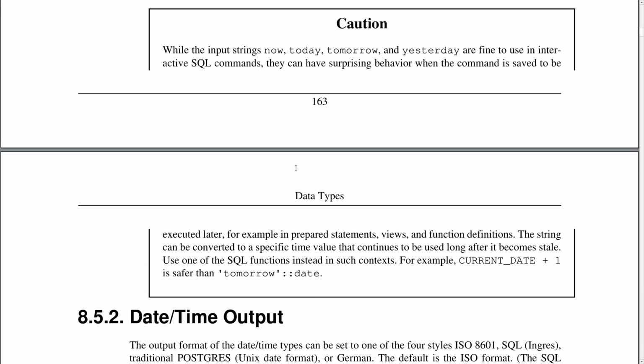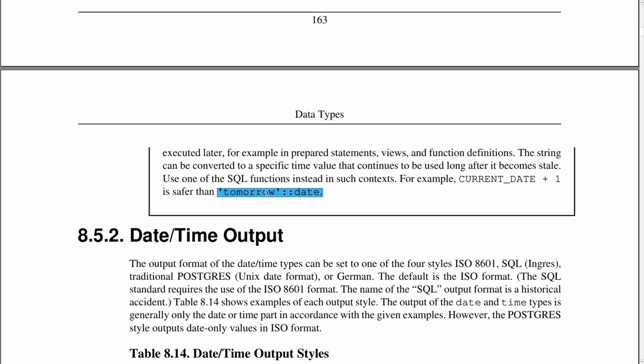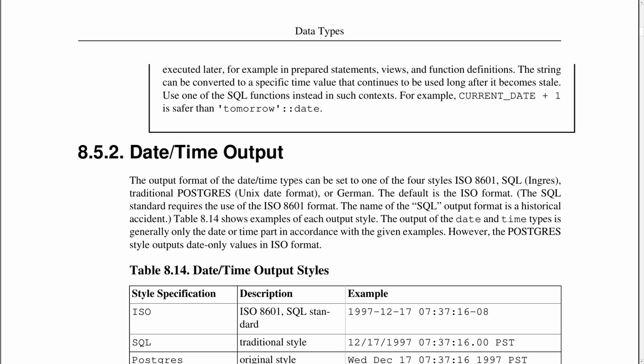For example, if you specify 'tomorrow'::date, then it will be evaluated at a particular time, and if the command is not applied right away, then the date will be stale. But if we say current date plus 1, then it will always be tomorrow.